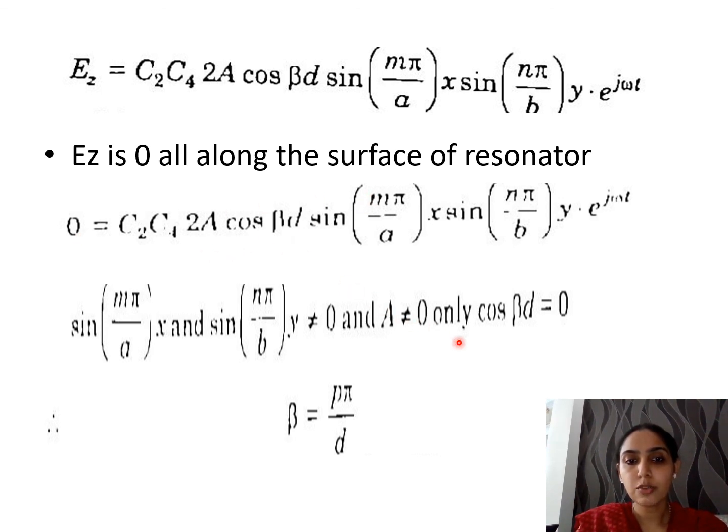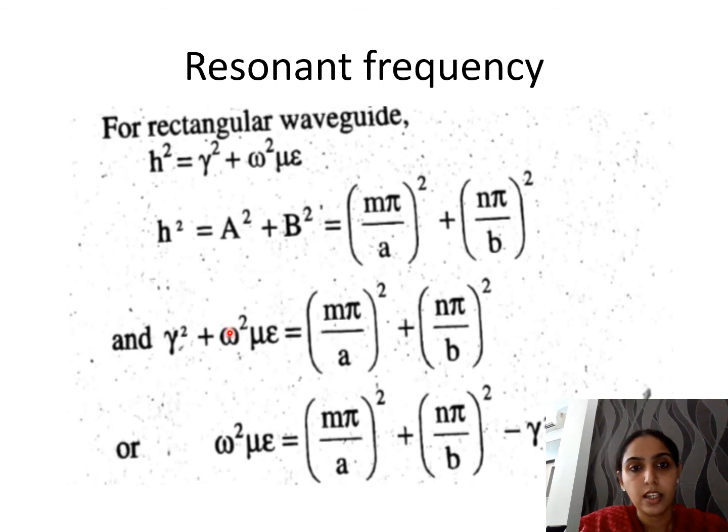Cos beta d to be equal to 0. So we can write beta is equal to p pi by d, where p is again an integer. Now we have got the value for the constant A as m pi by a, B as n pi by b, and we now also have got a value for beta.